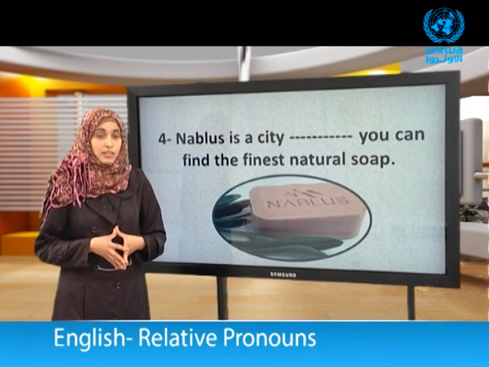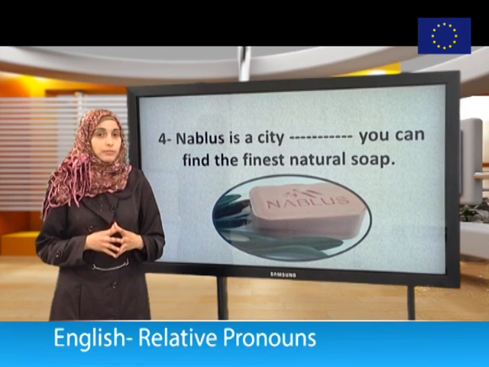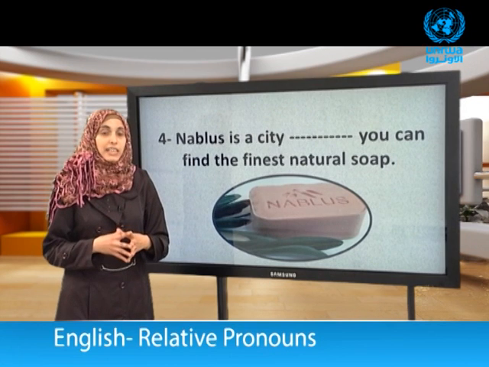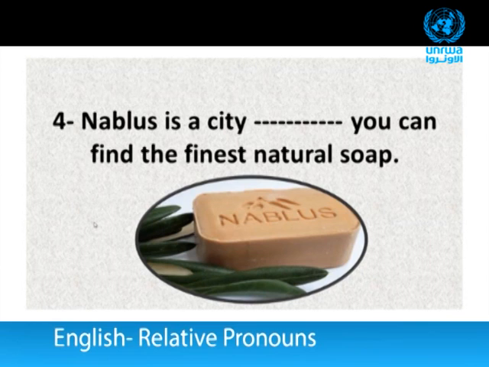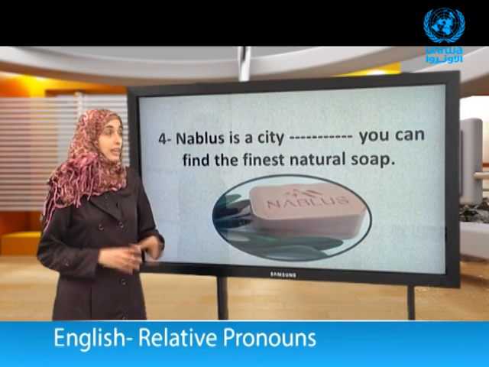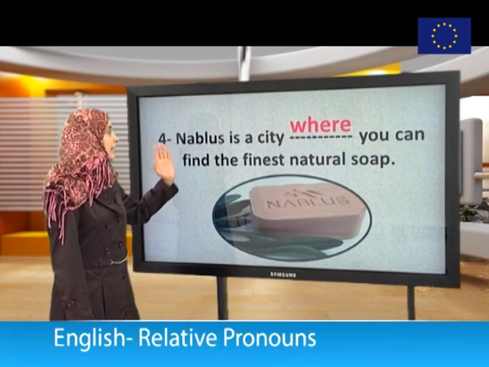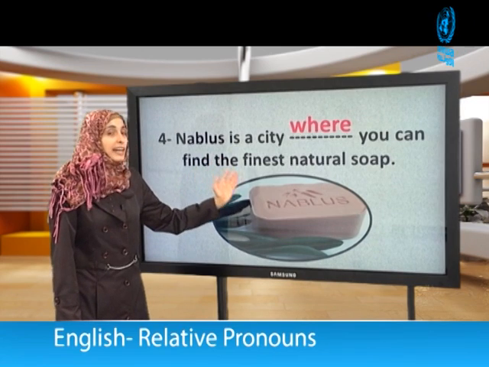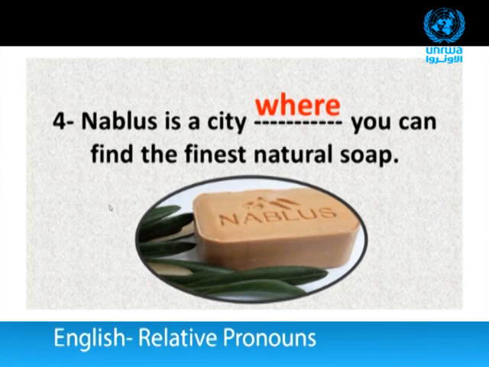Where can we find the finest natural soap? In Nablus. So we are focusing here on a place, Nablus. What is the best relative pronoun to use? It's where. So we can say Nablus is a city where you can find the finest natural soap. This is a place. Let's see number 5.